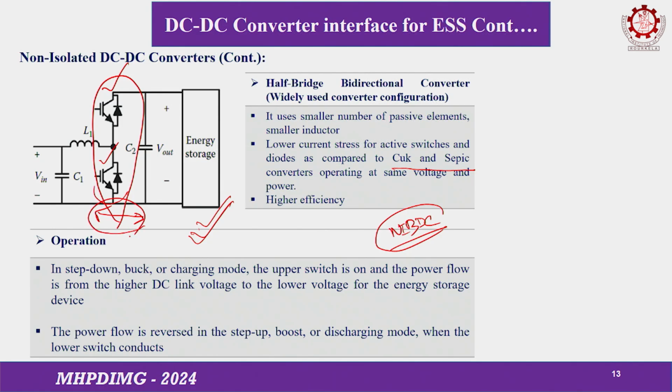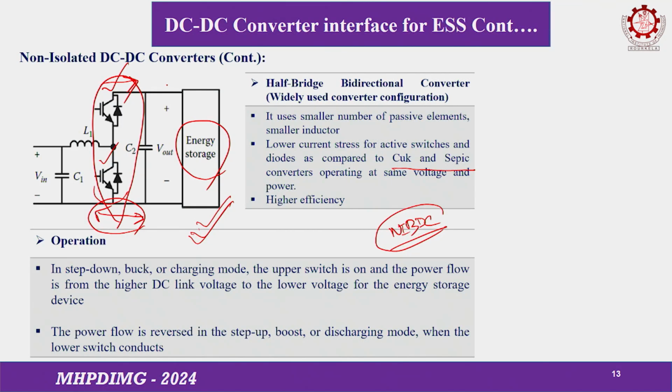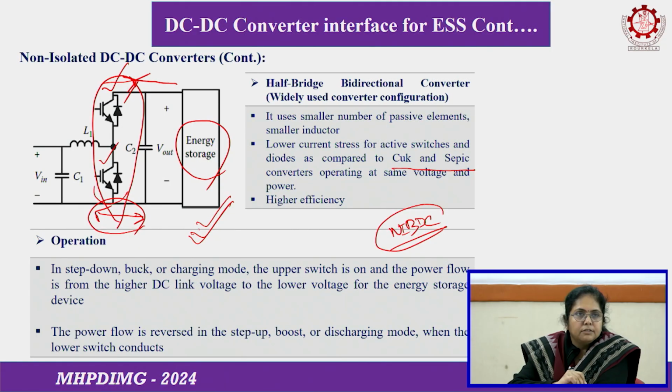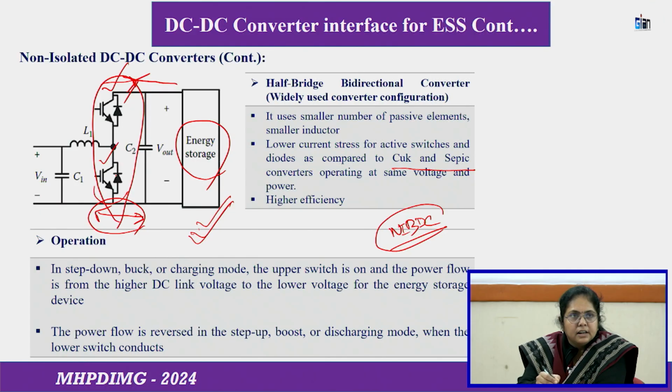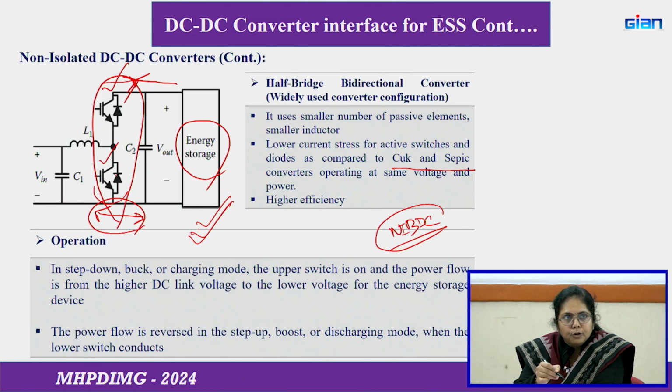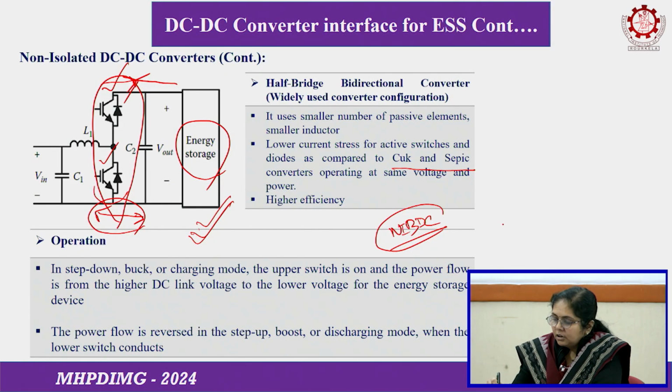That means when there is excess generation, the battery will charge, that is, it takes energy, and when there is a deficit in generation, the energy storage delivers. Based on that, it will operate either in boost mode or buck mode.